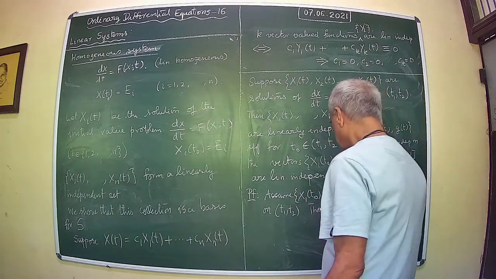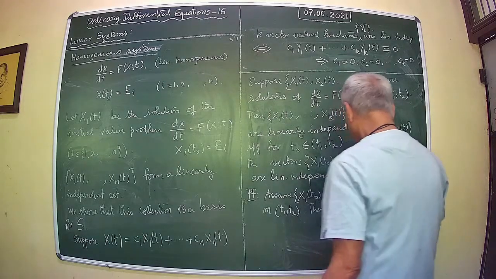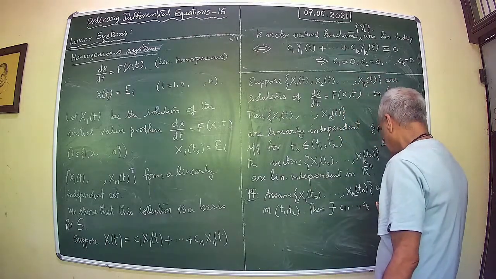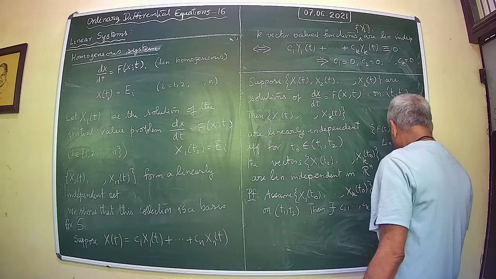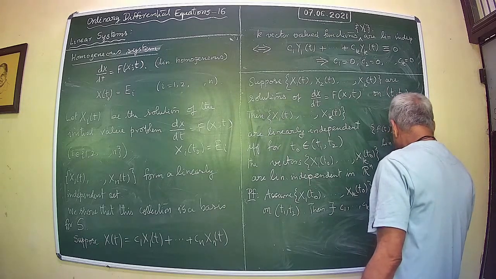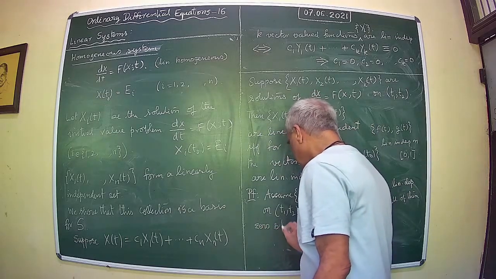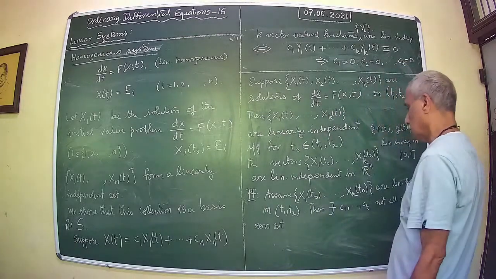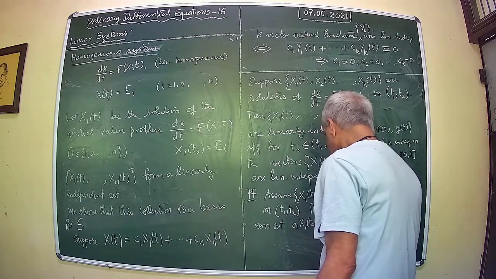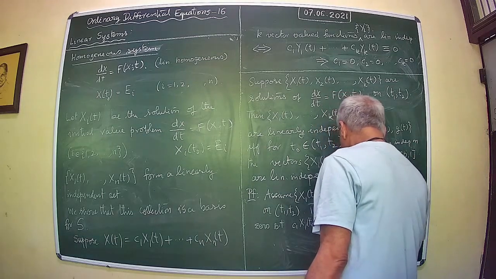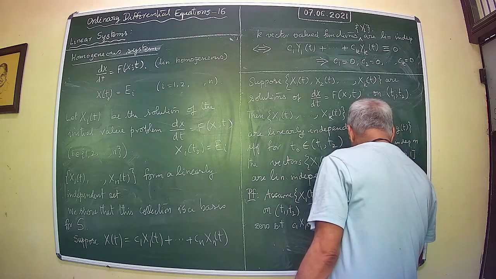Then there exist c1, ..., ck, not all of them zero, such that c1 x1(t) plus etc. plus ck xk(t) equal to 0.